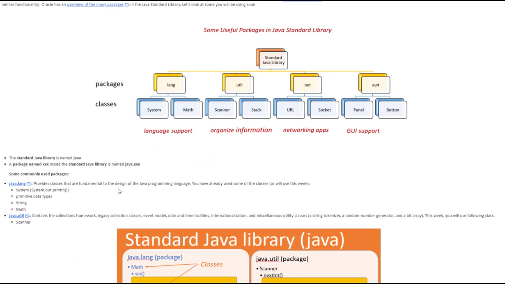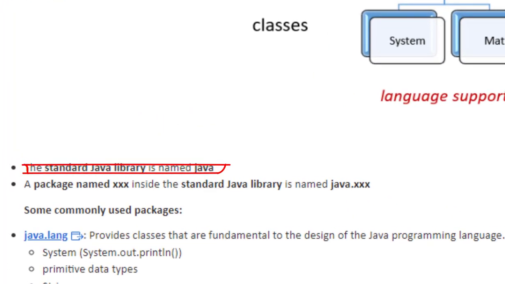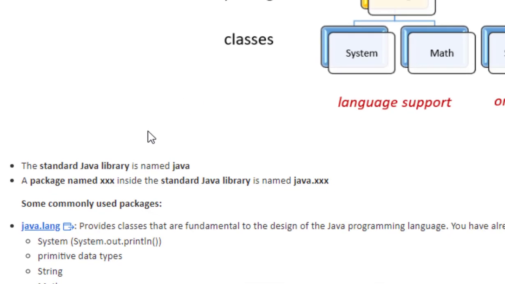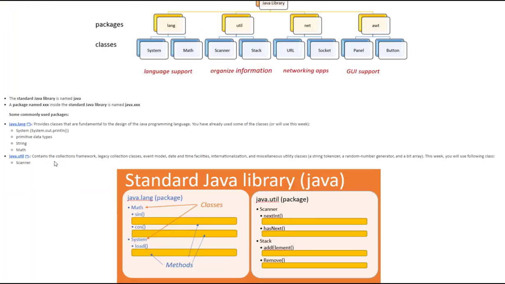That standard Java library we'll call java, lowercase. When you want to access a certain package from the standard Java library, you're going to write java dot, say lang, or java dot util. Some of the commonly used packages: java.lang.